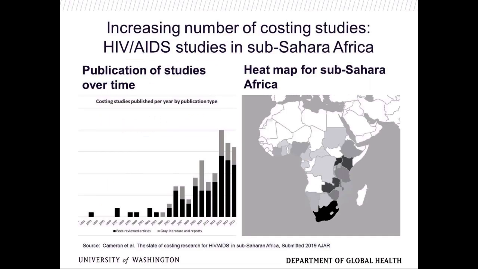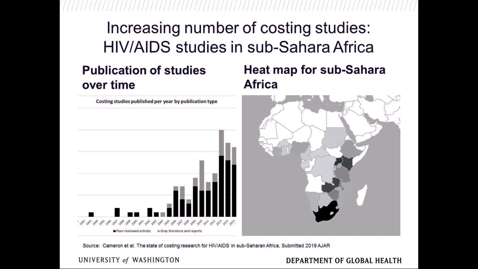As part of the Global Health Cost Consortium, we did systematic reviews on HIV and TB costing data. This is true for all domains, whether HIV or TB, maternal and child health, cardiovascular diseases, surgical costing studies, almost everything except nutrition studies. There are an increasing number of costing studies, and you can see the time trend.